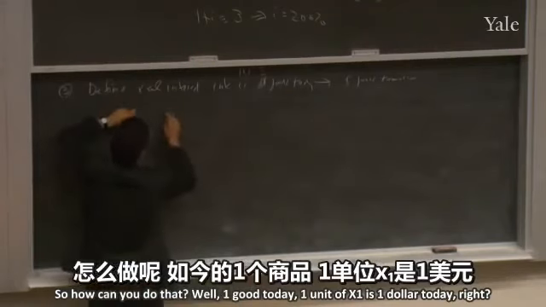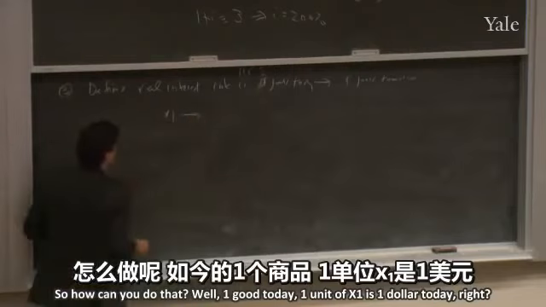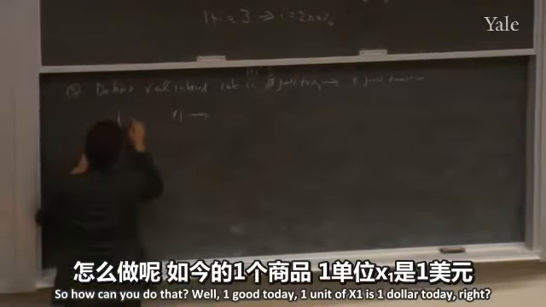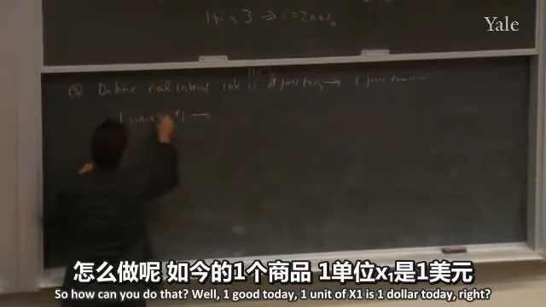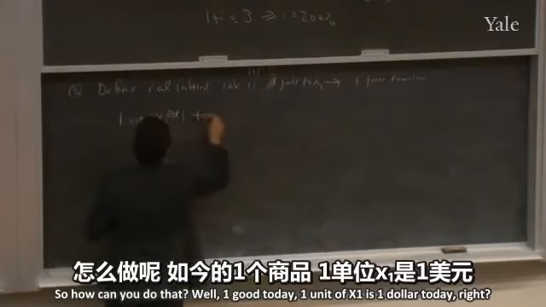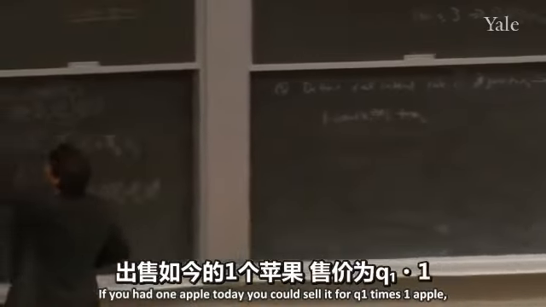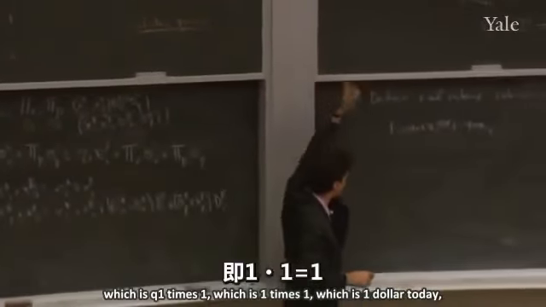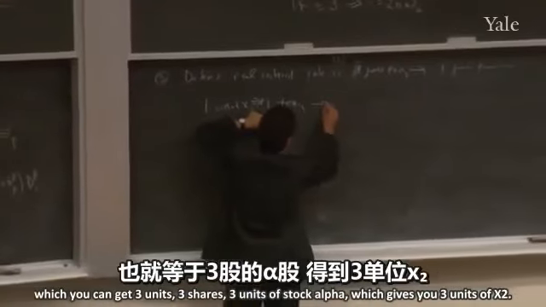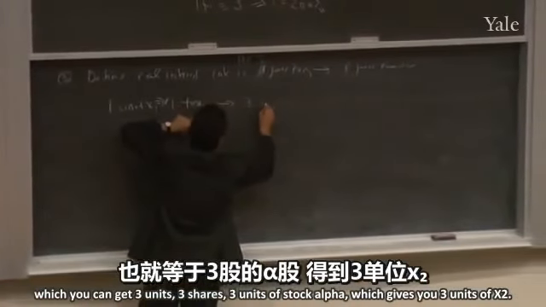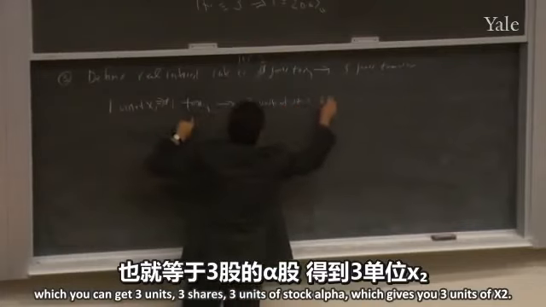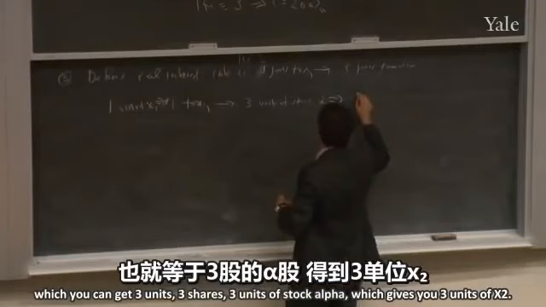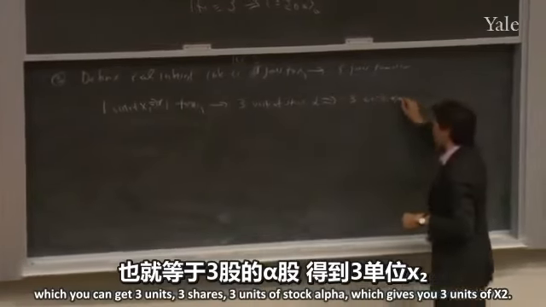Well, $1 today can go into 1 good today: 1 unit of X1 is $1 today. Because if you had 1 apple today, you could sell it for Q1 times 1 apple, which is 1 times 1, which is $1 today, with which you can get 3 units of stock alpha, which gives you 3 units of X2.